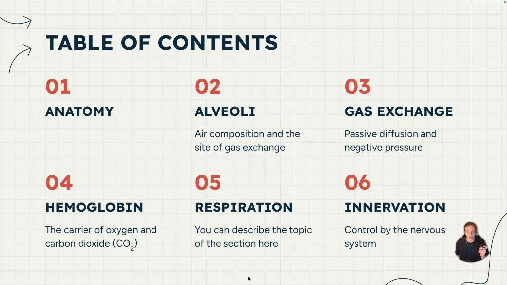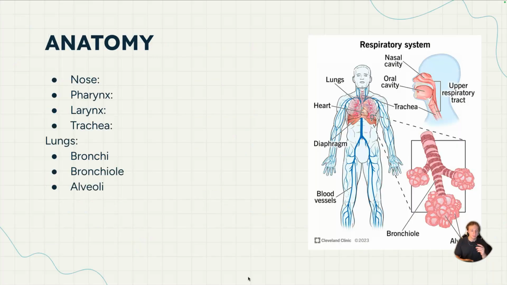It's that major protein heterodimer that is within our red blood cells that helps transport oxygen. And then we'll talk a little bit about respiration, what happens when we're breathing to make us actually breathe in and breathe out. And then also innervation. So pretty much how our brain tells our body to control our breathing.